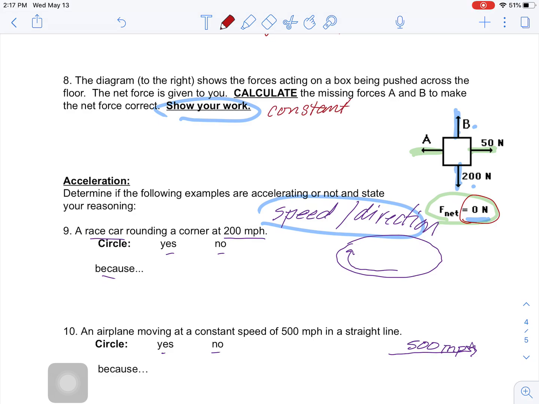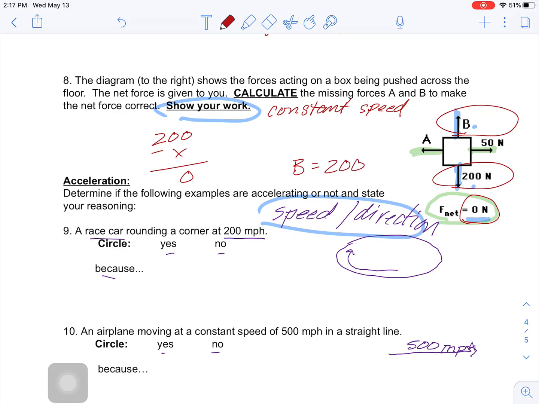That gives me a clue it's moving at a constant speed or a constant rate. So when I've got my first two here, I've got 200 minus a mystery number's got to be 0. Well, of course, B is going to equal 200 to even that out, newtons.